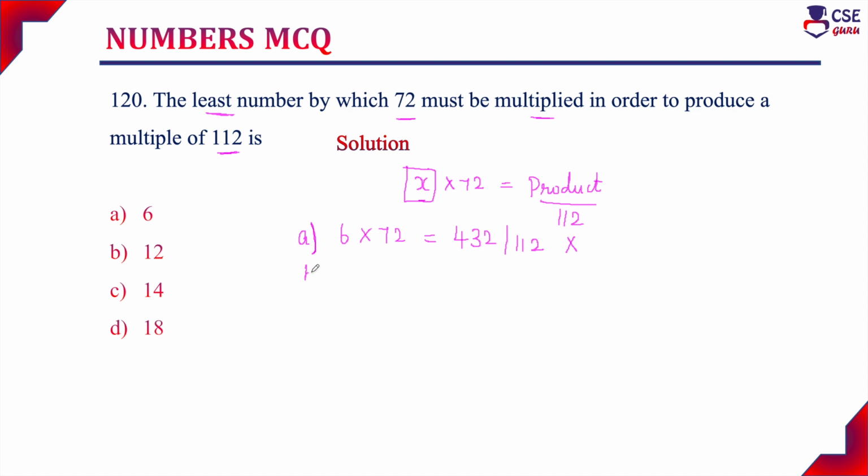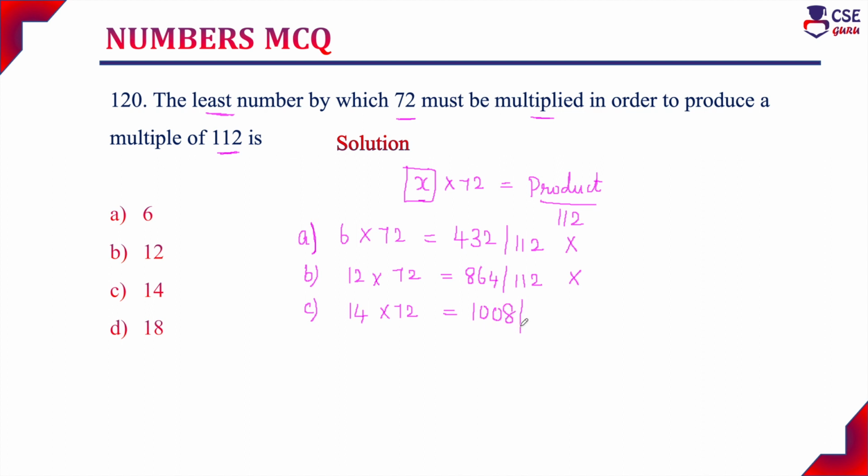Okay. So consider the next option. Option B, 12 into 72. So the product we will get is 864. And if you are dividing this number by 112, this is also not exactly divisible by 112. So consider the third option. Option C, 14 into 72. So the product we will get is 1008.